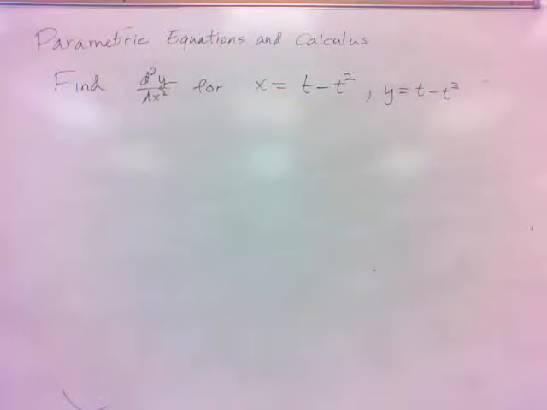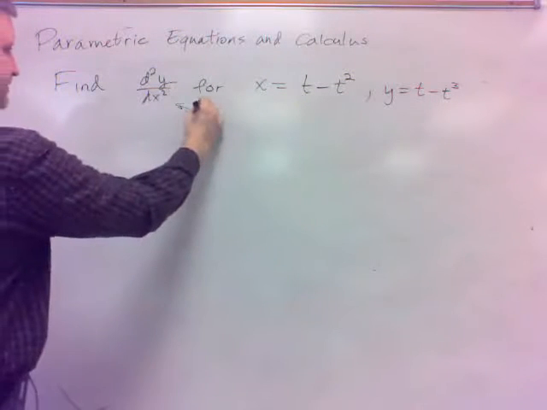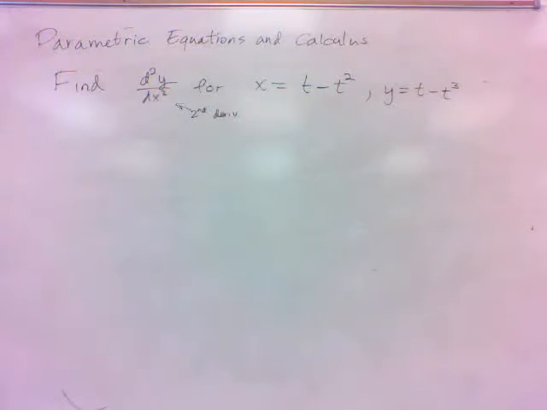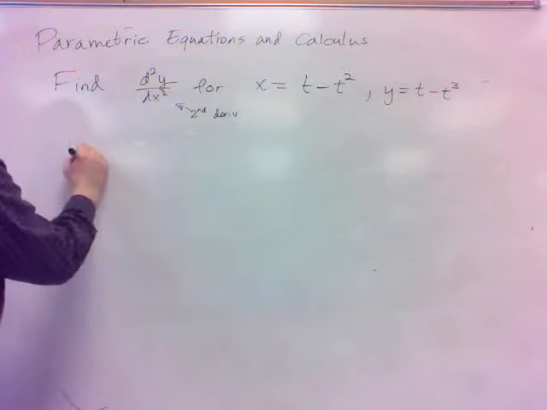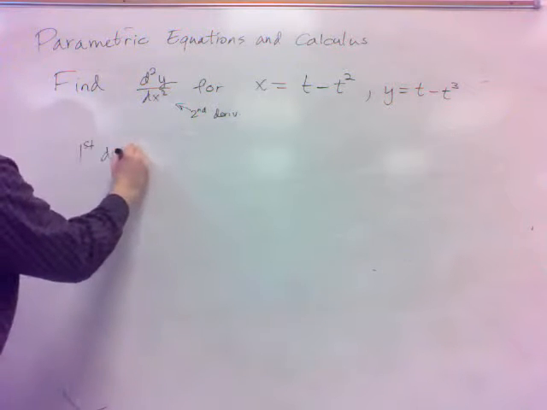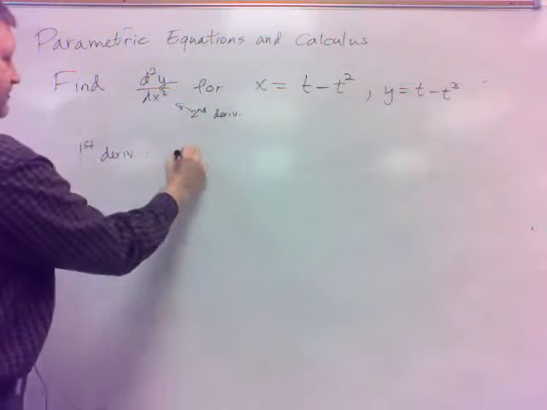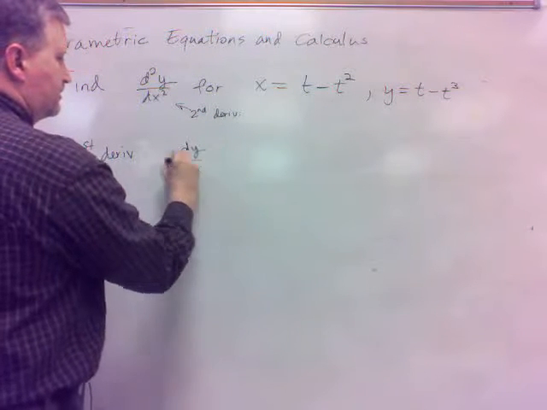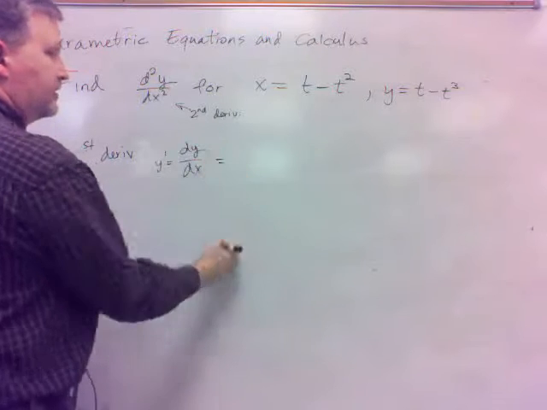Well, again, it just means the second derivative. And of course, to do any second derivative, what do you need first? The first derivative. You need the first derivative first. Well, the first derivative, dy dx, y prime, whatever you want to say. How do we do it?